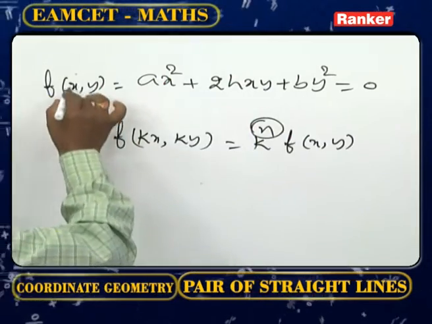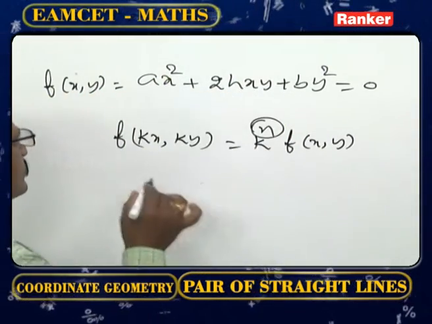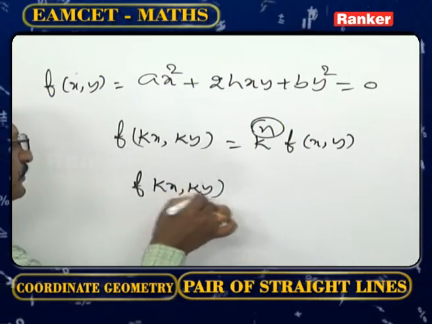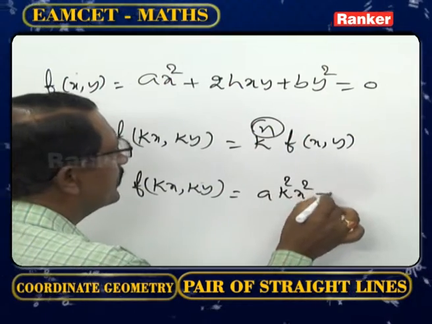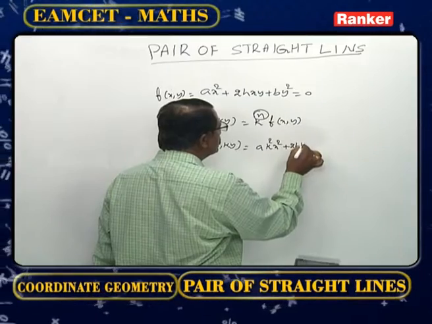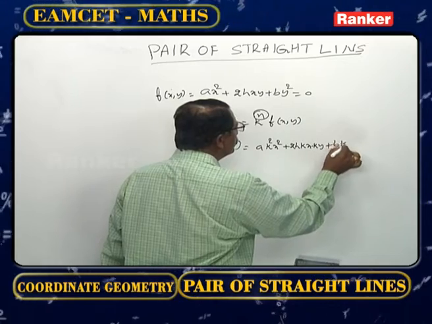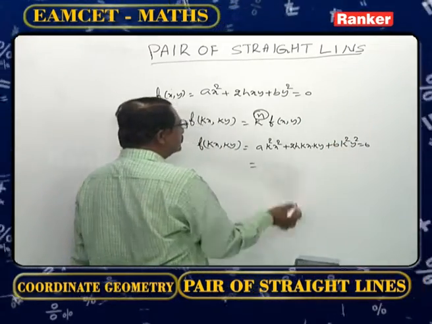Suppose, for example, f of x comma y equals ax square plus 2hxy plus by square equals 0. Then f of kx comma ky equals a into k square x square plus 2h into kx into ky plus b into k square y square equals 0.